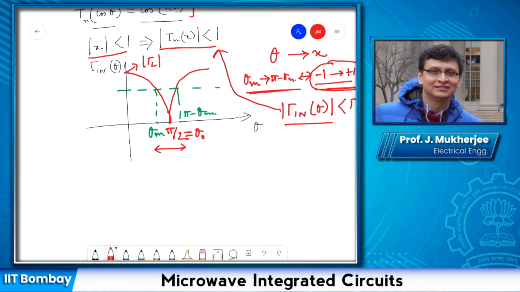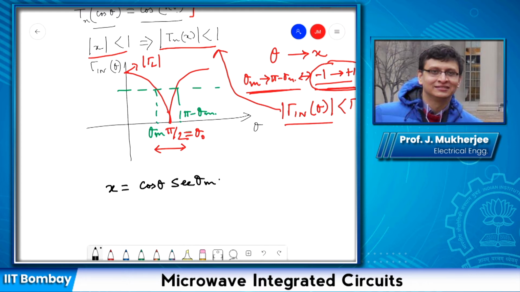So it might not be clear what I mentioned just now. So I'll just show you the mathematical expressions. Let us say we take x equal to cos theta sec theta m.